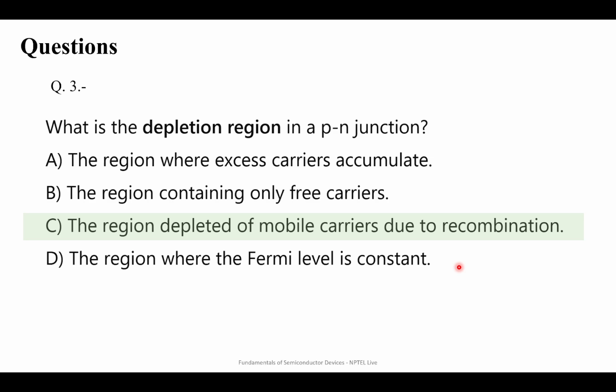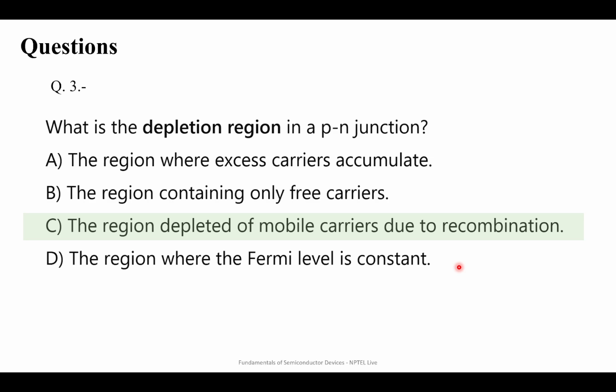So depletion region is the region where the mobile carriers are depleted due to recombination. When electrons are moving from n side to p side, they recombine with the holes, since there is an excess of holes in the p side. Similarly, when the holes reach from p side to n side, the excess electrons in the n side combine with these holes.